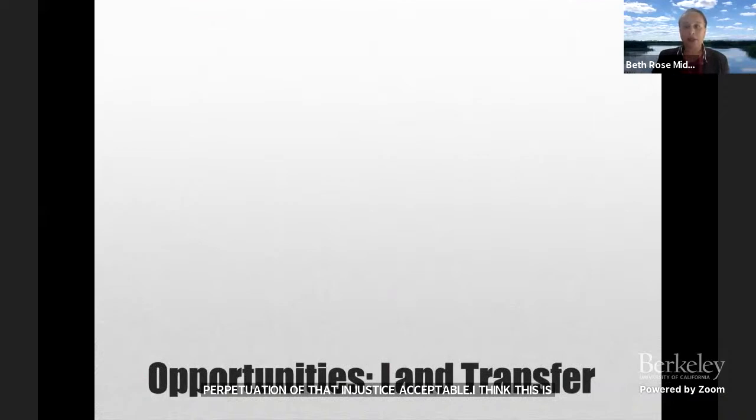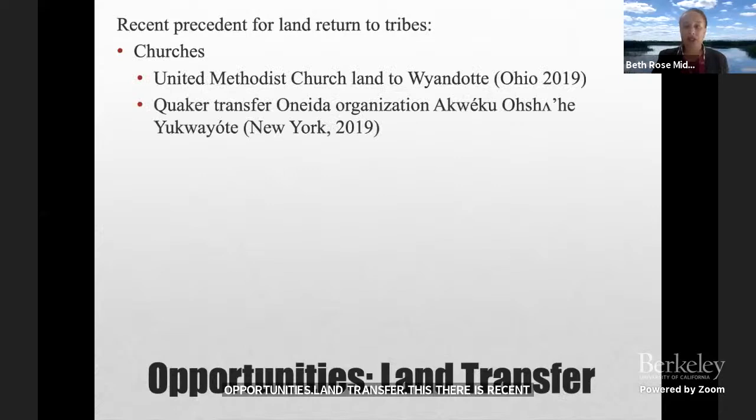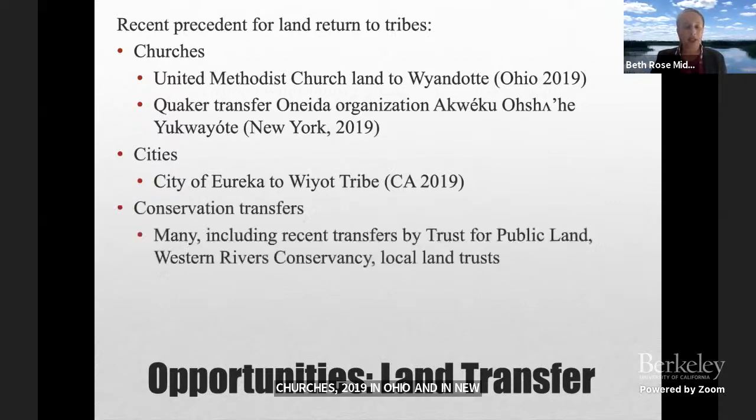So here are some opportunities. Land transfer. There is recent precedent for land return to tribes by churches. There's a couple examples from 2019 in Ohio and in New York, by cities, as Brittany mentioned, the city of Eureka returning land to the Wiyot tribe, as Kat also indicated.